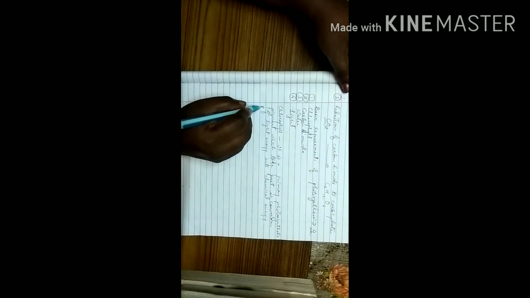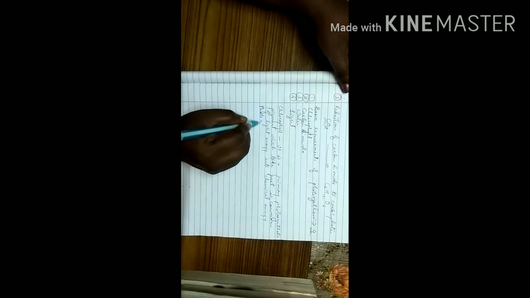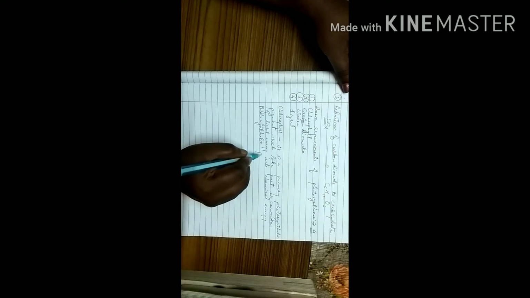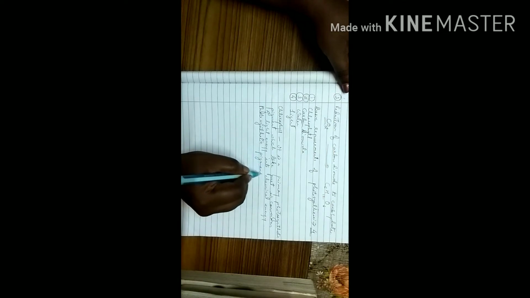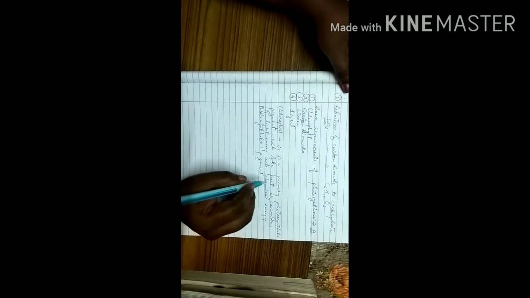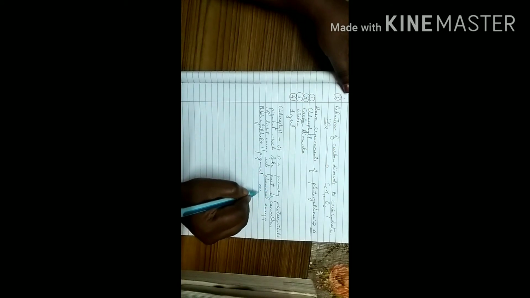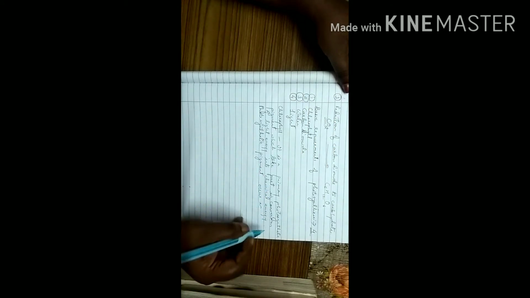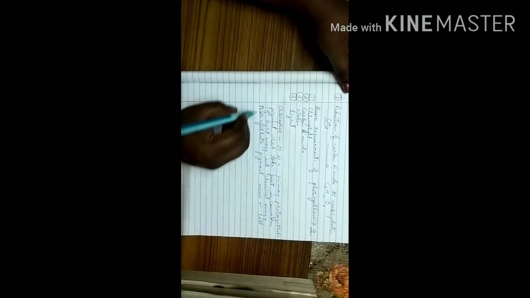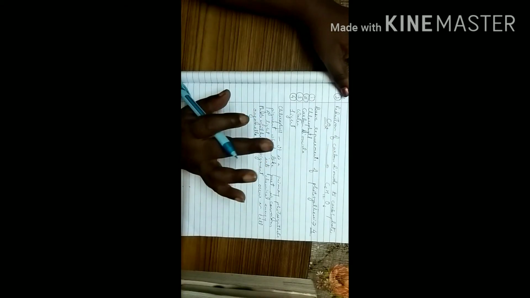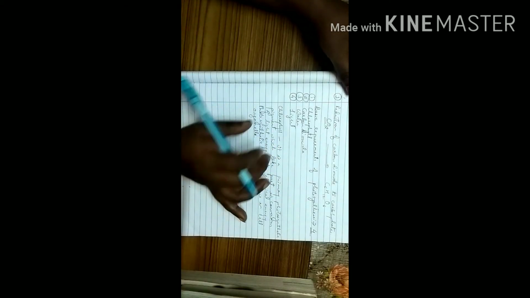Now, photosynthetic pigments, where do these occur? You should know about that. Photosynthetic pigments occur in cell organelles. In the previous chapter, you have studied all these things.